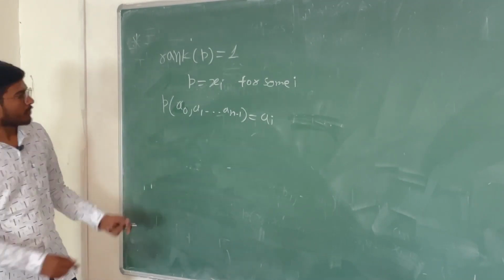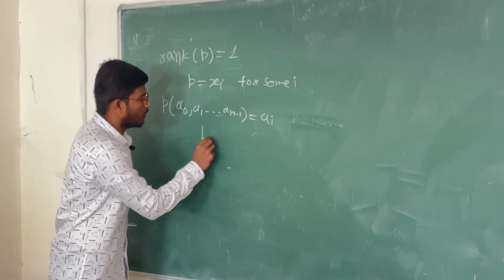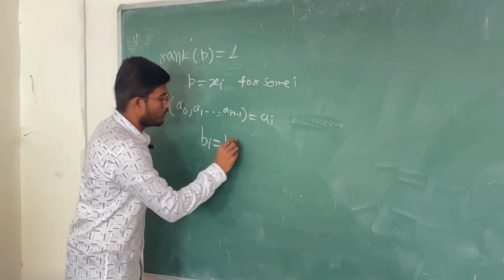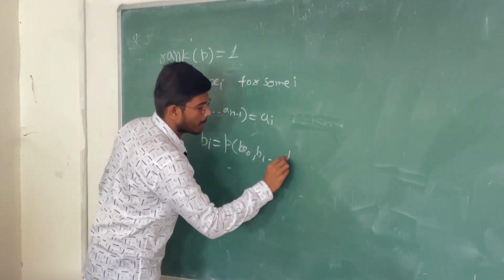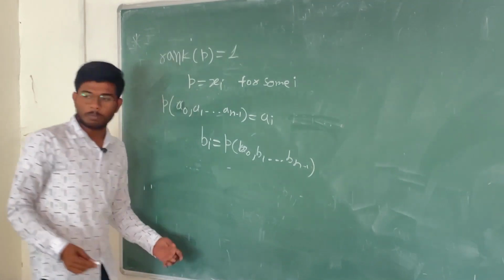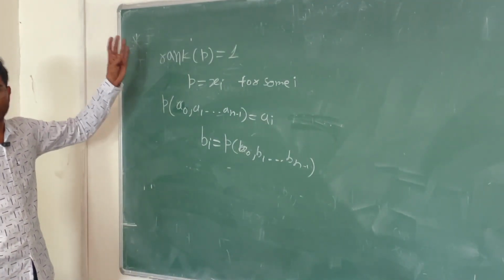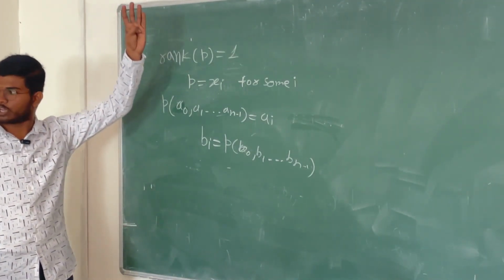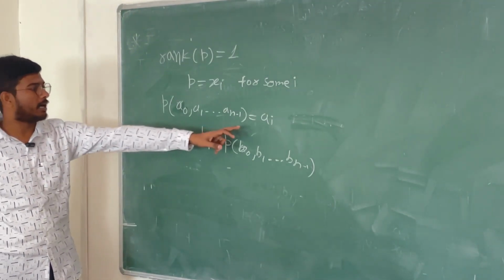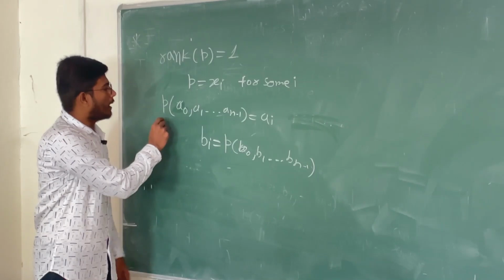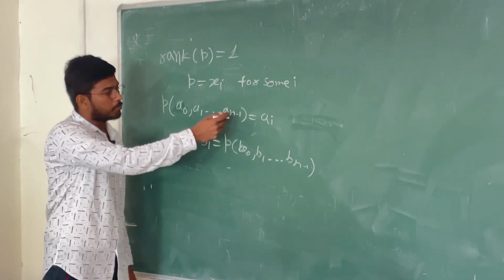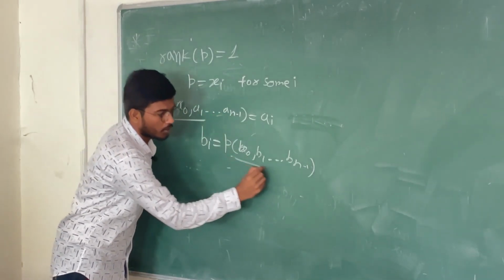Similarly, if we take bi, then what will be its polynomial p of b0, b1 up to bn minus 1. But in the statement we have that a0 is less than or equal to b0, a1 is less than or equal to b1, so we have ai less than or equal to bi. So what we can conclude is p of a0 up to this is less than or equal to this.